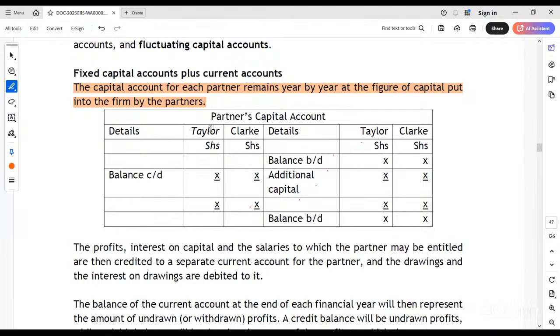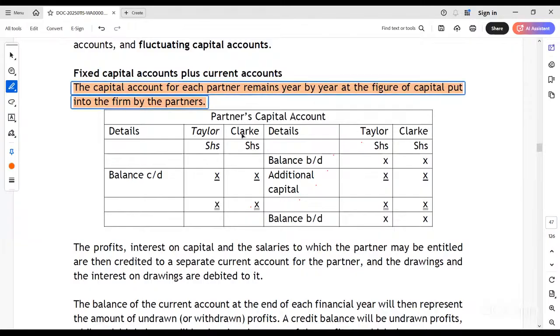And that initial investment is going to be the same. That's why we call it a fixed capital account. Unless maybe a partner has added in more capital. But if they have not, then that balance will still be the same year after year, showing the contributions the partners made initially.